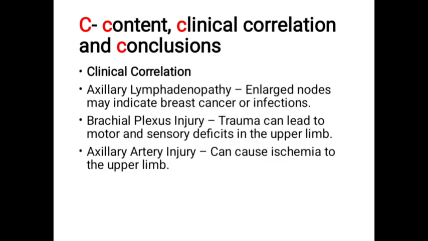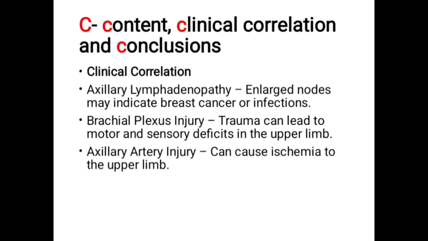Now, for clinical correlation, they might not want you to know much about this, but in every essay given to you in anatomy, it's always good to learn one or two clinical correlates about that topic. And yeah, I just listed 3. You can learn one or two, and it will help you to get marks when you're asked to write on the axilla.